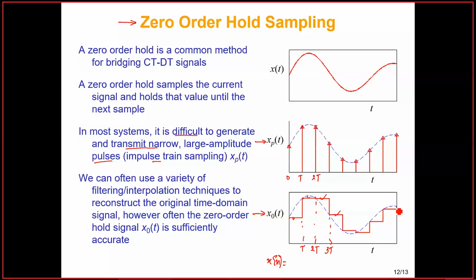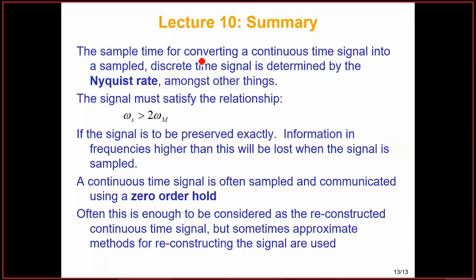Okay, so this actually completes slide set number 10. And in this, we covered sampling of continuous time signal. And we saw what happens once we do impulse terrain sampling, what happens in time domain, and what is going on in frequency domain. And we wrote down equations for all that, time domain and frequency domain signals.